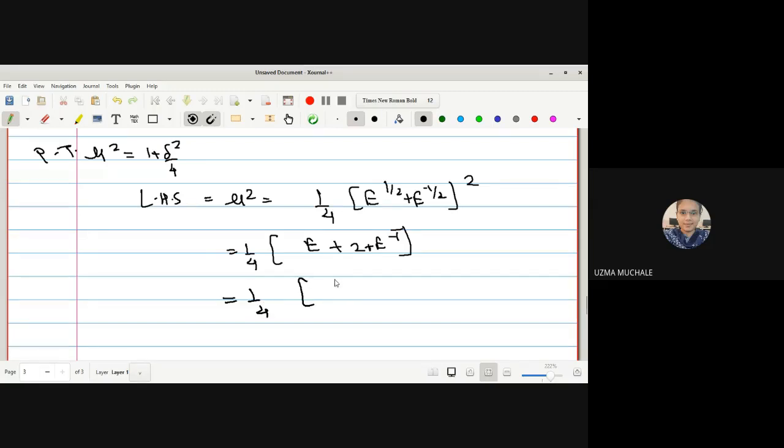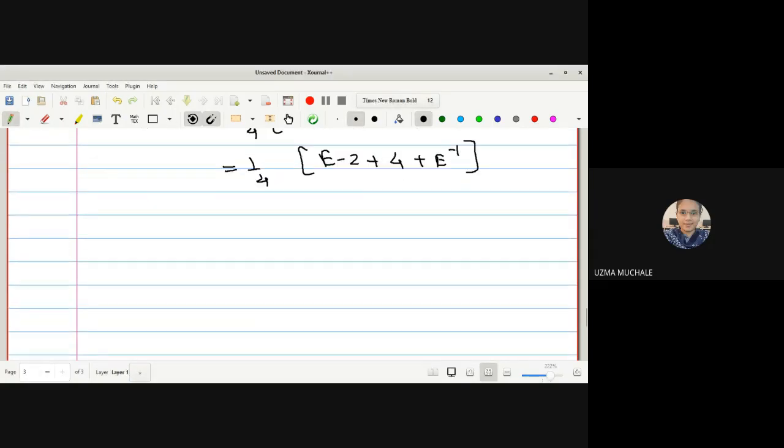Right? Now this plus 2 I can adjust like this.